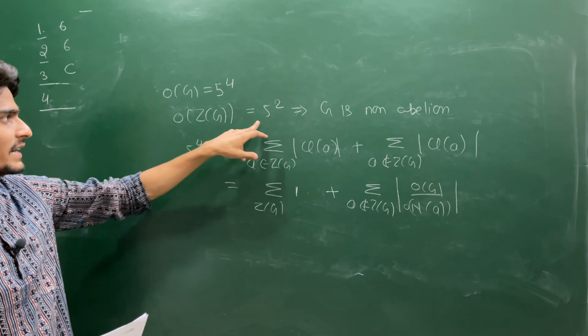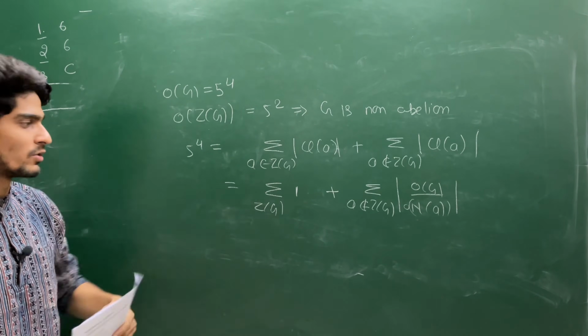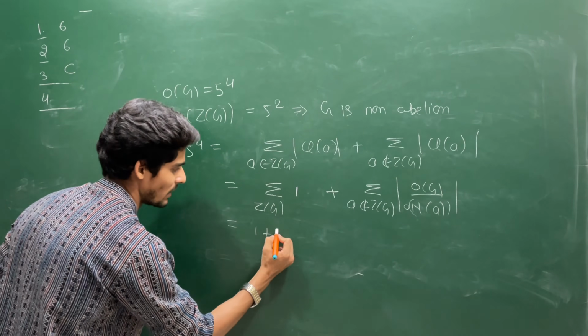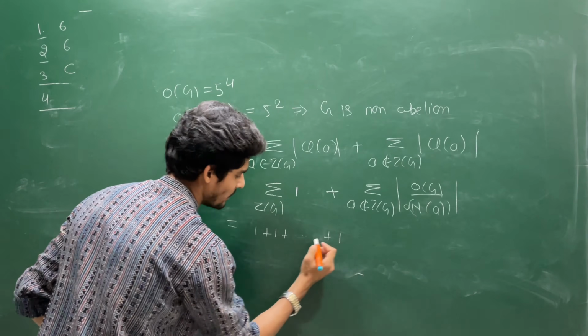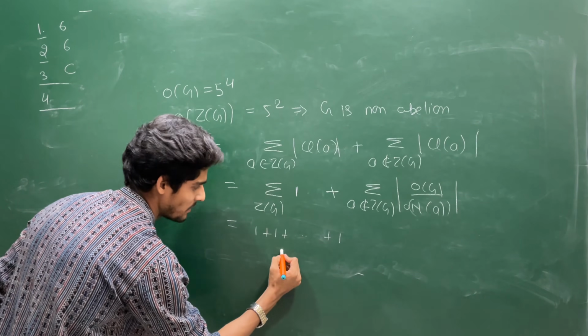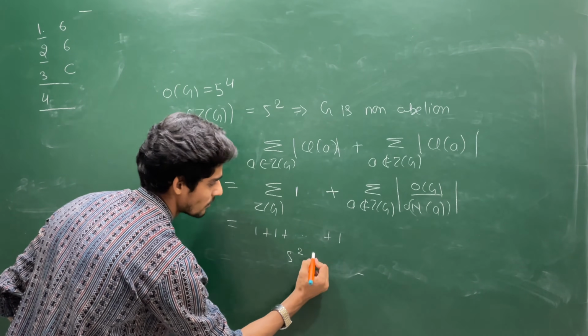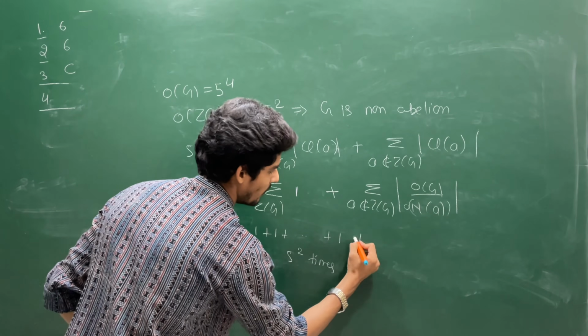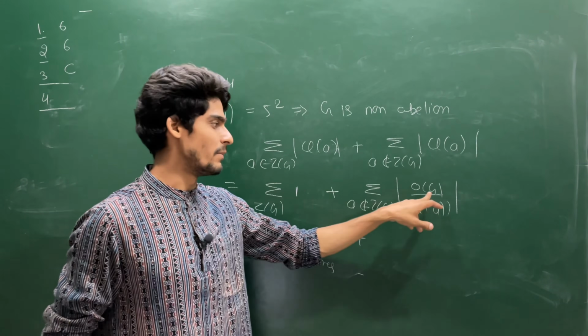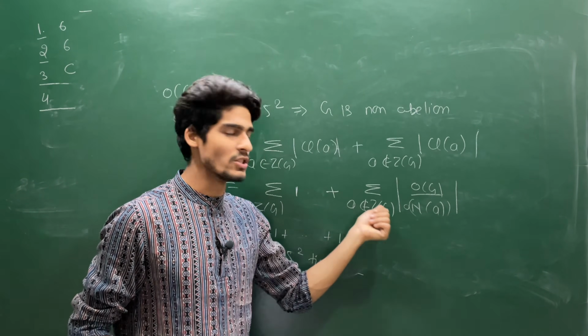How many elements are in center? Exactly 5 square. So you can say this is 1 plus 1 plus 1, and how many times? 5 square times. Plus, now the question remains, how many elements are in the class when A is not in the center?